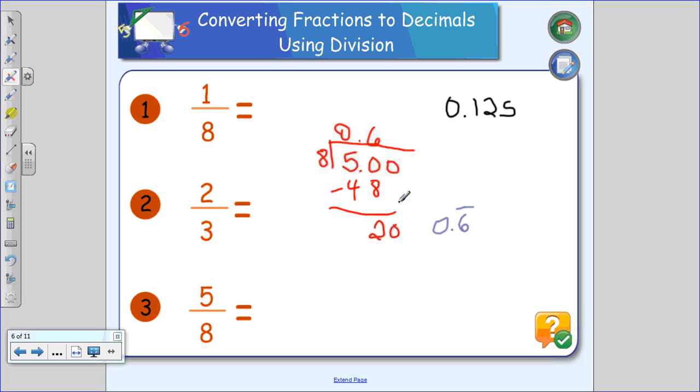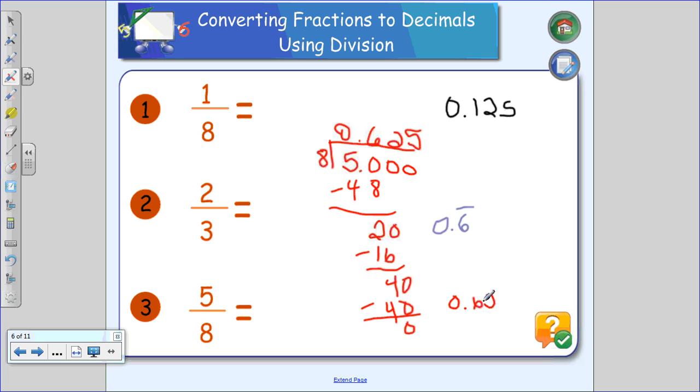That is 16. 20 minus 16 is 4. Now I need another 0. Bring down another 0. 8 into 40 is 5. 8 times 5 is 40. And this one I got my 0. So it is 0.625.